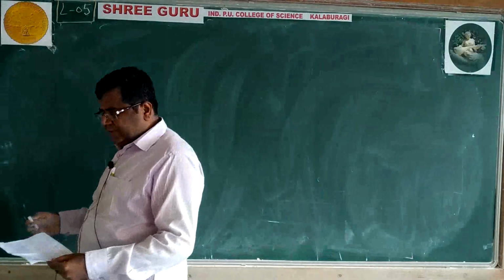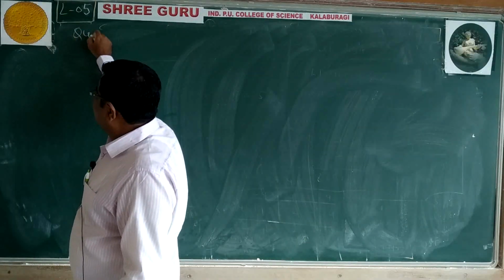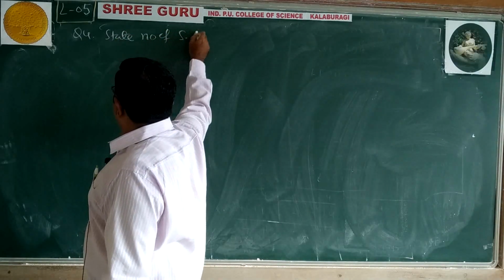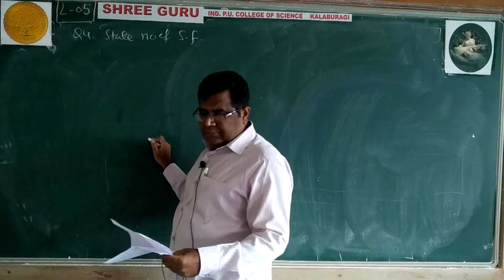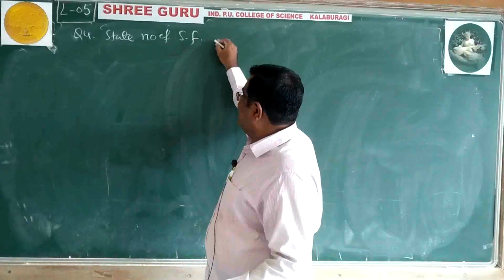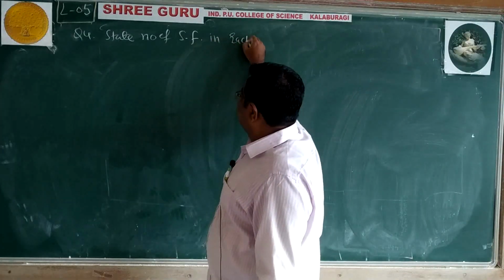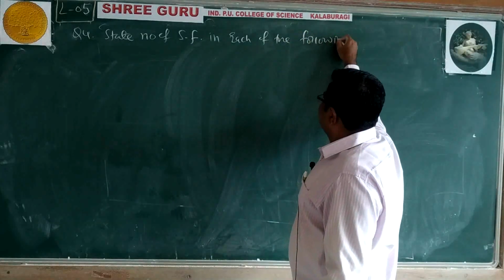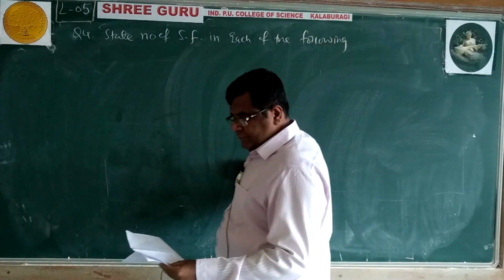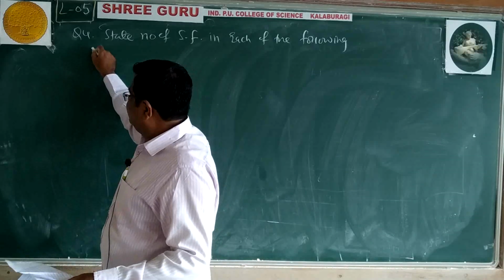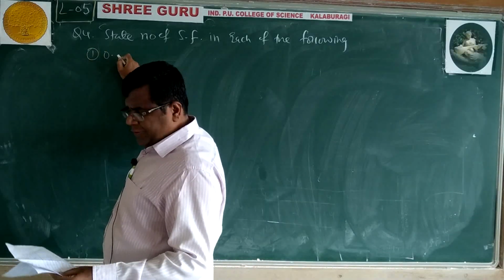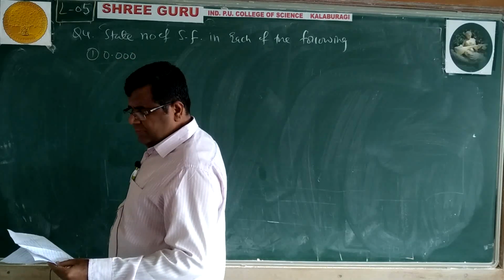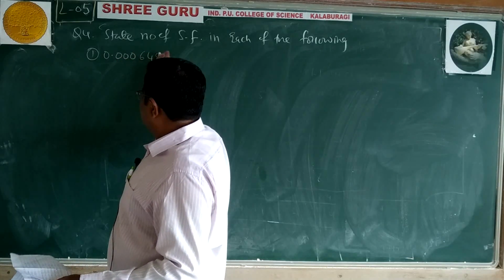State the number of significant figures in each of the following. The first one, 0.000648.